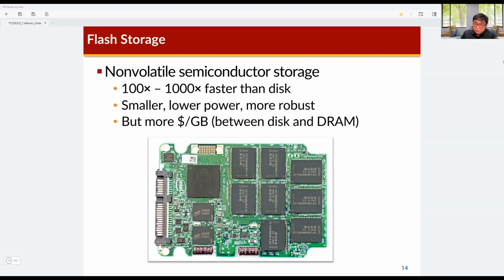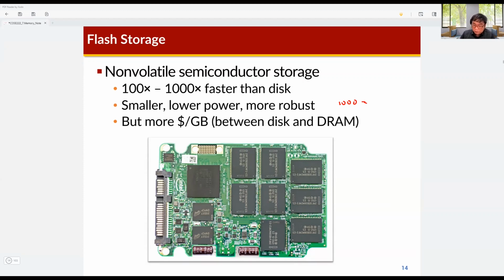It's about 1,000 times slower than DRAM. But it's cheap. It's more expensive than magnetic disks, but the price of flash memory is cheaper than DRAM. So we frequently use flash memory as the storage media of the SSD.